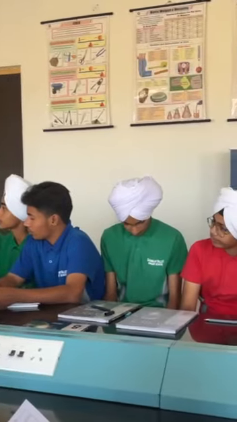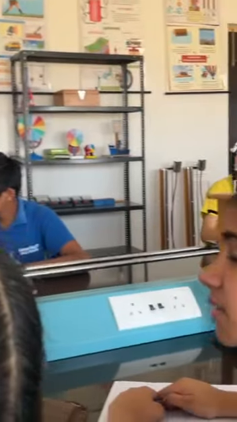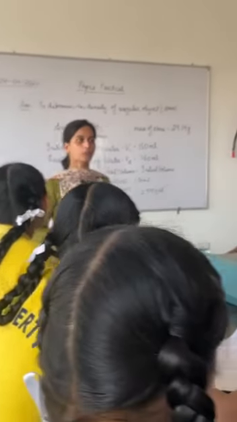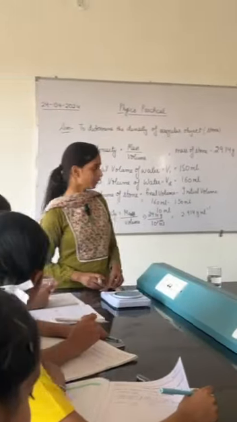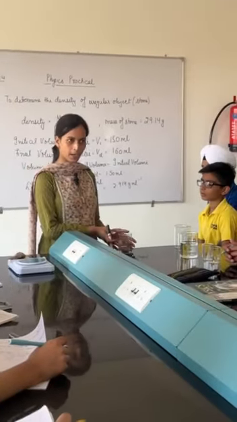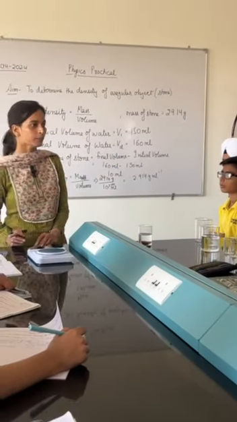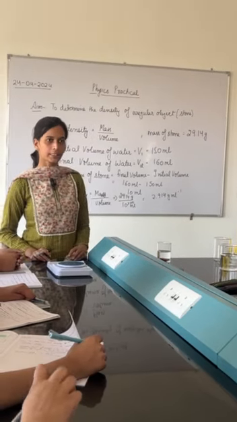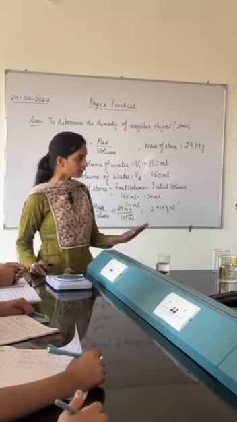Okay, let's take a short recap. How will you find the volume of a regular object? By putting the formula of that object. But to find the volume of an irregular object, we need some equipment. First, we take the initial volume of the water.